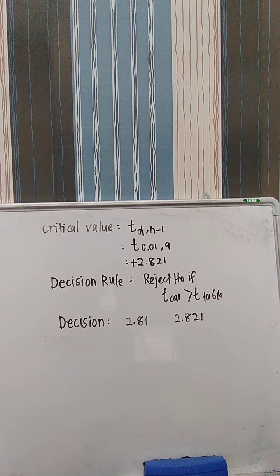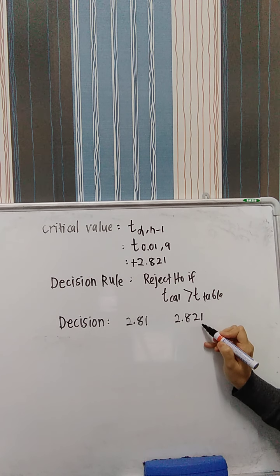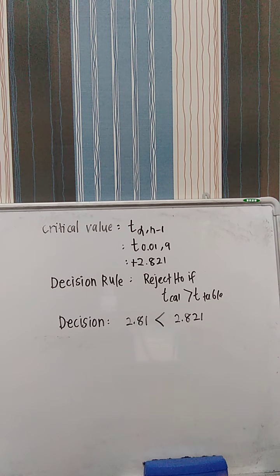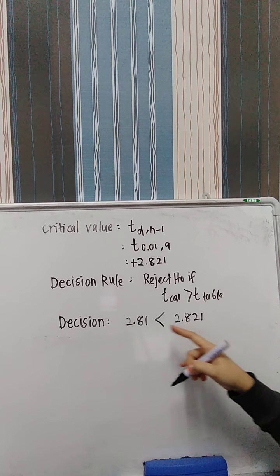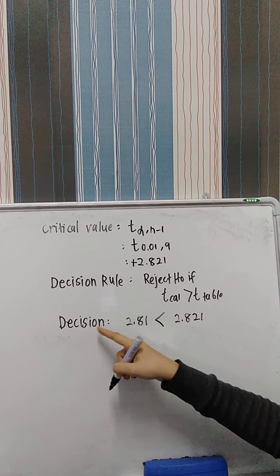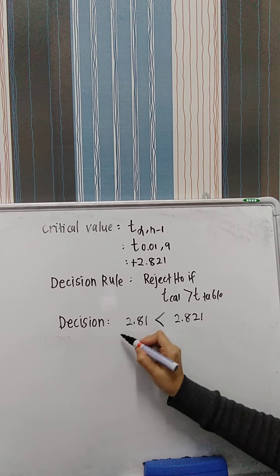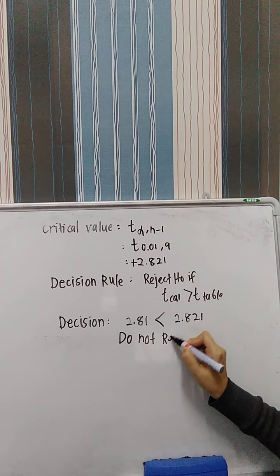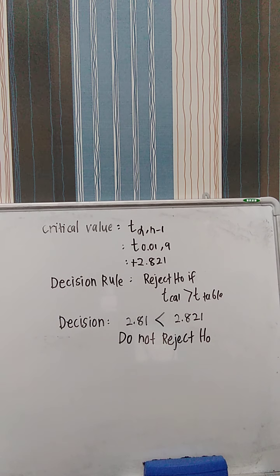Compare the values: 2.81 is less than 2.821. You reject H null if more than. This one is less than, so the decision is do not reject H null, H0.